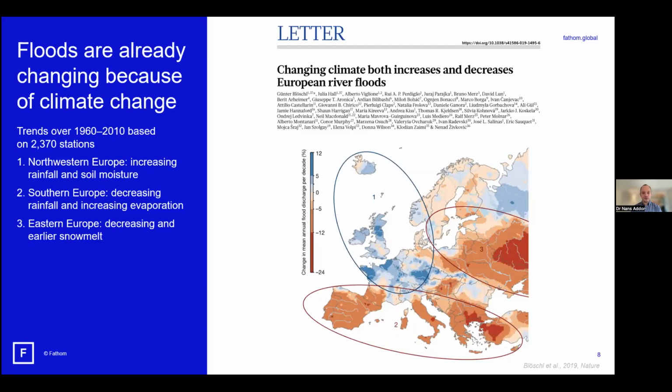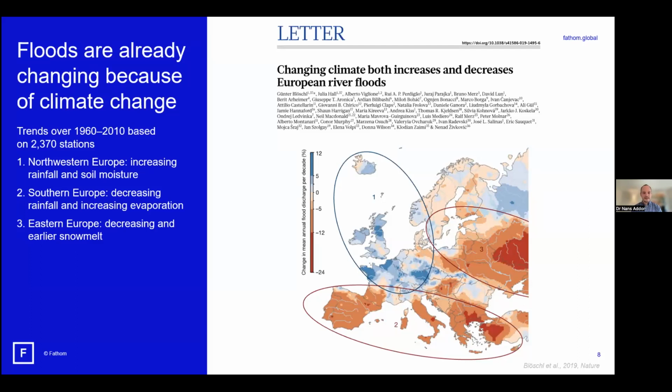And if you look at Eastern Europe and also Scandinavia, there is a decreasing and earlier snow melt. So in a warmer world, the snowpack is thinner, and when it melts, the flood peaks are smaller. So there is really a combination of drivers that explain these changes in river flood peaks.